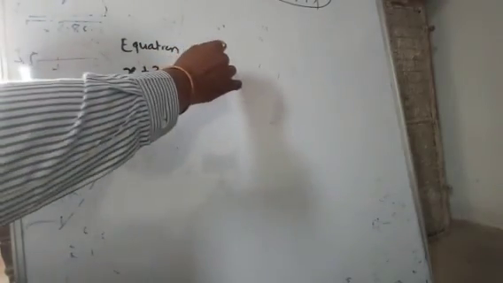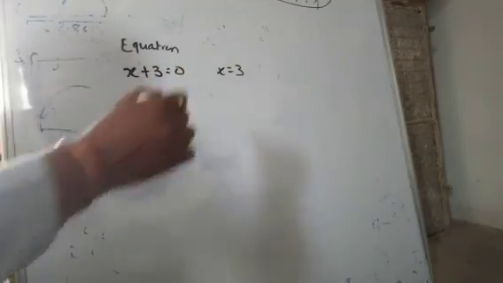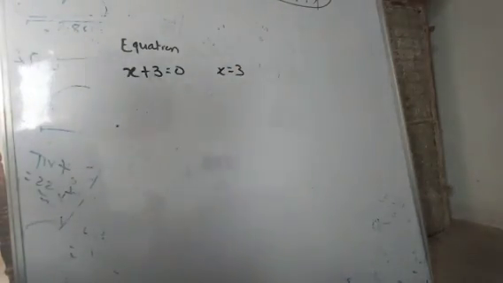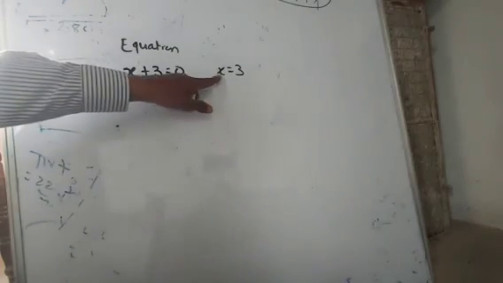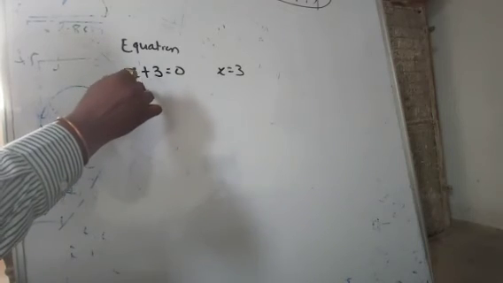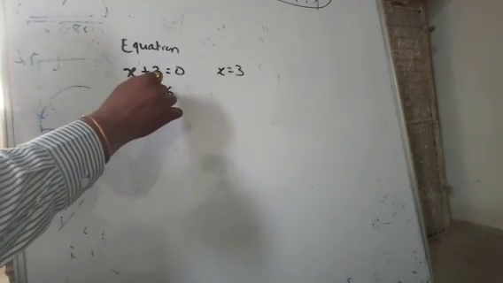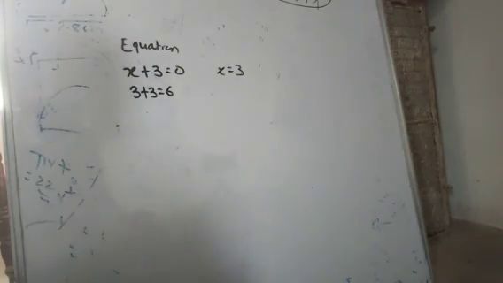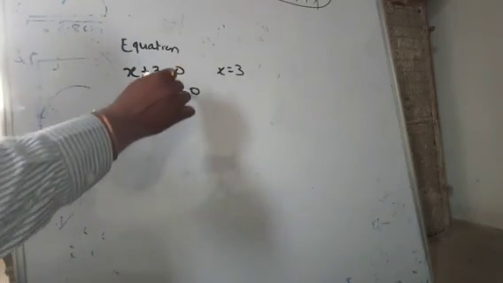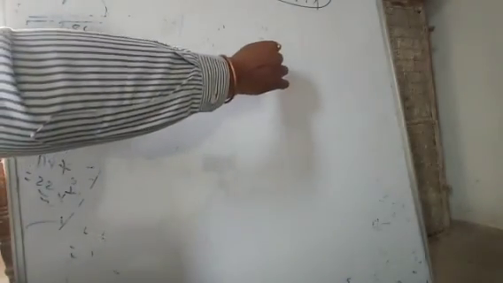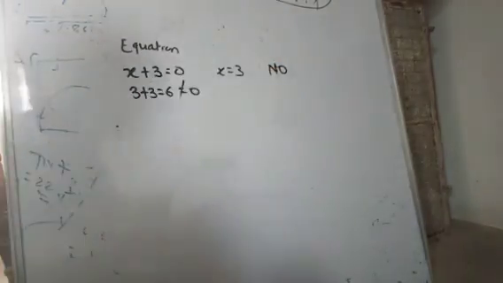For this, they have told x is equal to 3, and whether it is satisfying or not. So wherever x is there, we should put 3. On the left side, 3 plus 3, we get 6. But the right side of the equal sign is 0. Can you say 6 is equal to 0? No. So it is not satisfying. So you should write no here.